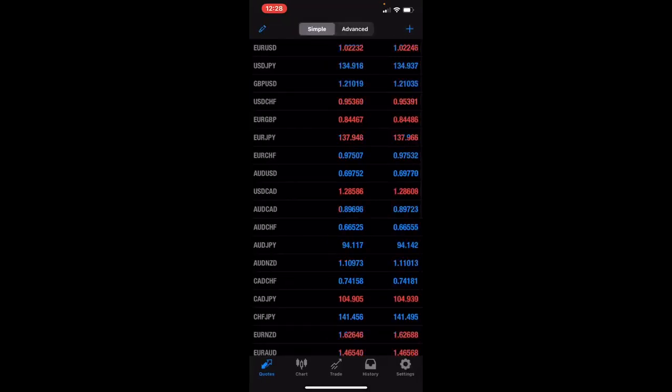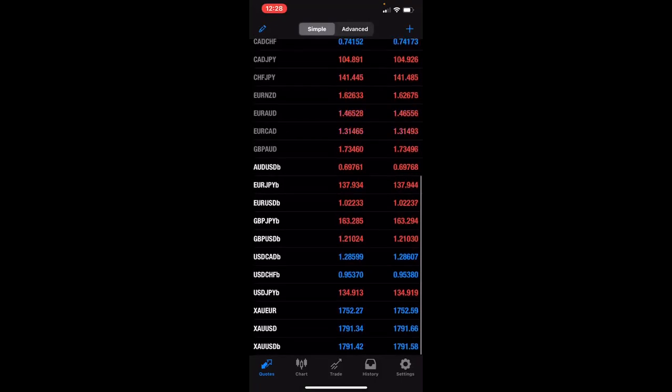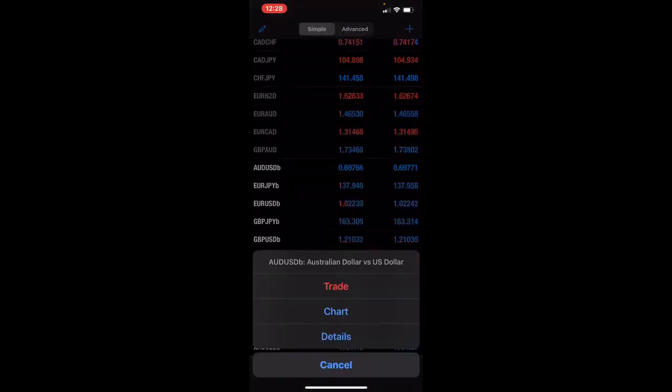So now I want to do an example of a currency pair that, like I said, has 5 decimal places, so that we can add those pips later. Scroll down to where you have AUD USD, the one with a B. Good.